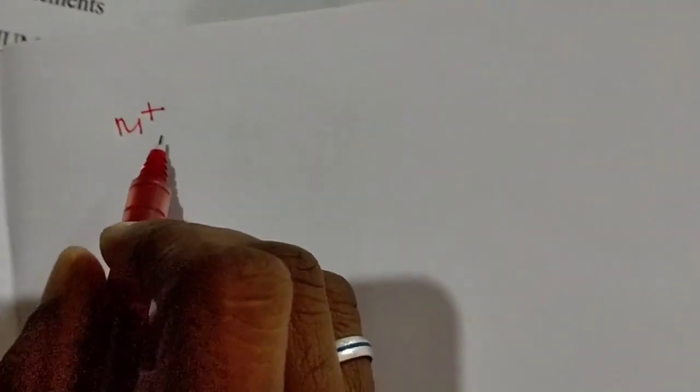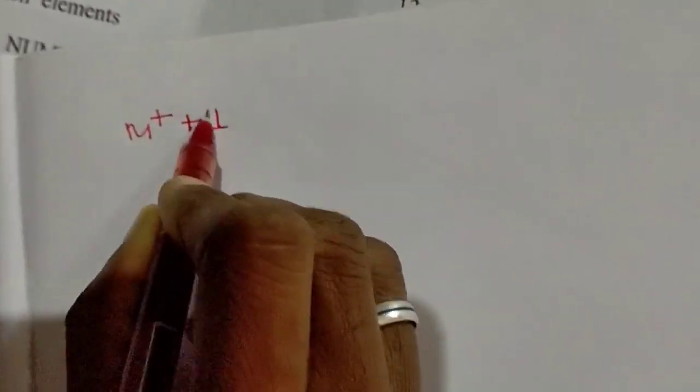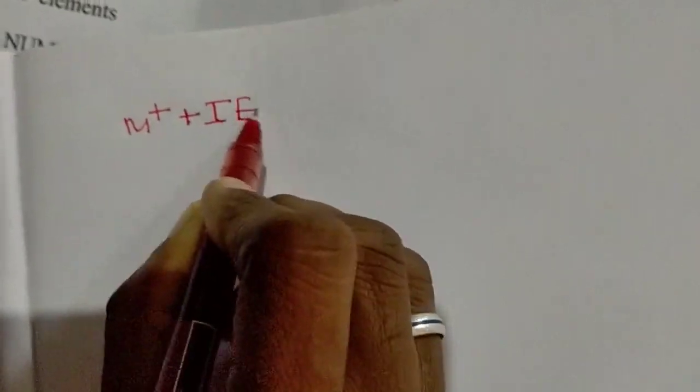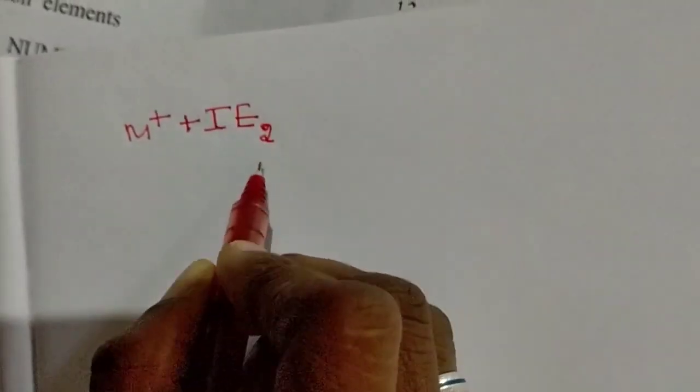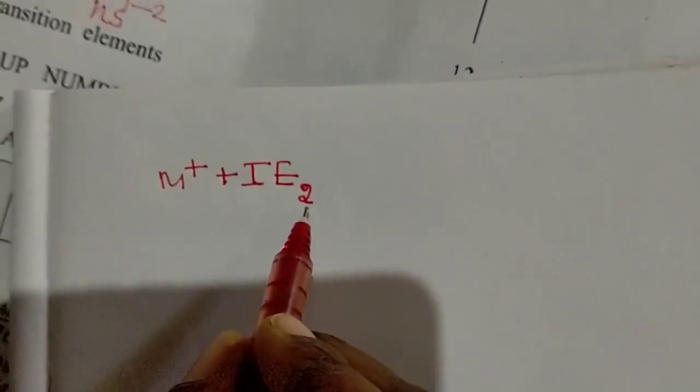Take that same species, which is the product of the first equation, M plus. We treat this M plus with some minimum amount of energy, that is ionization energy. Since we give energy a second time, we put here 2, second ionization energy.